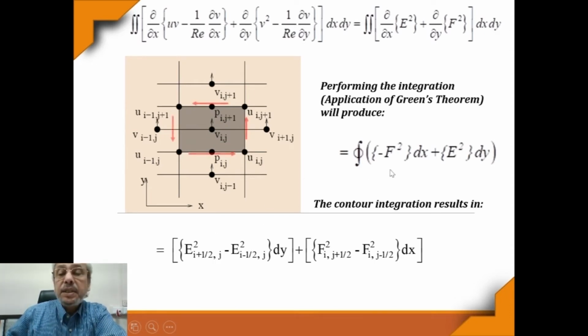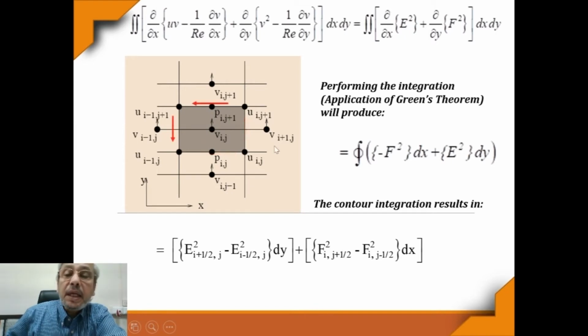Next term is F2. F2 is defined here and here. So this is F2 at i j plus half, into delta x, and delta x is in the negative direction, which makes it minus F2 i j plus half delta x.